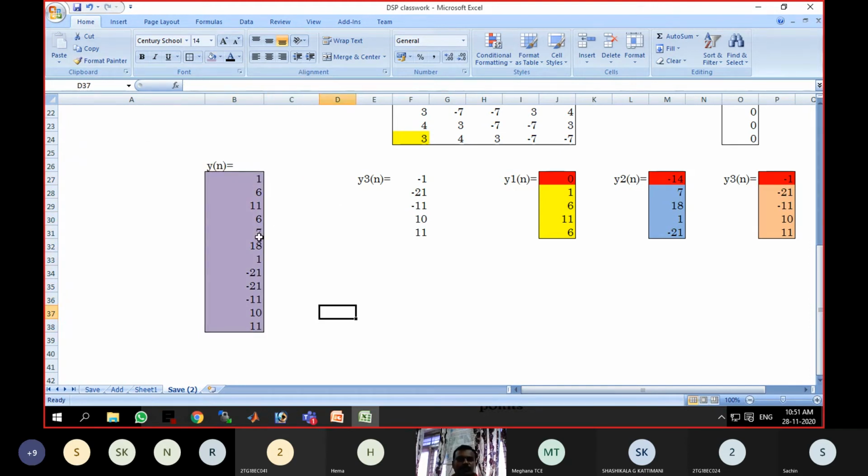So y of n is 1, 6, 11, 6, 7, 18, 1, minus 21, then minus 21, minus 11, 10, and 11. This is the calculations what we have done with the overlap and save method.